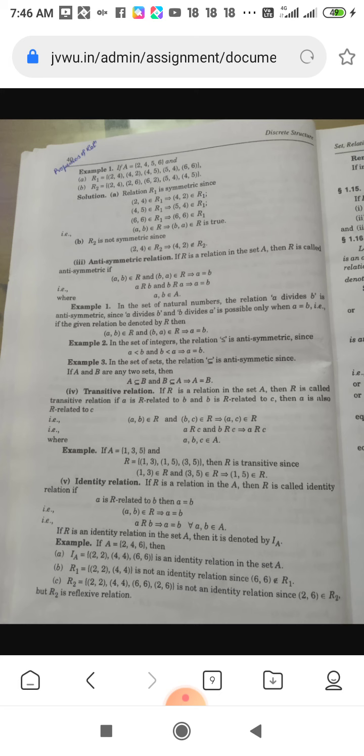It means L1 parallel to L1, so it is reflexive. If L1 parallel to L2 implies L2 parallel to L1, again it is symmetric. (L1, L2) belongs to R implies (L2, L1) belongs to R. If L1 parallel to L2 and L2 parallel to L3, this implies L1 parallel to L3, so it is transitive. Hence in a plane, the relation of parallel lines is an equivalence relation.